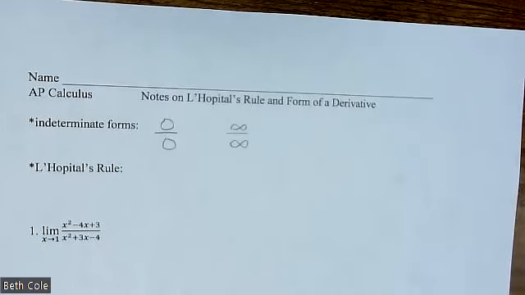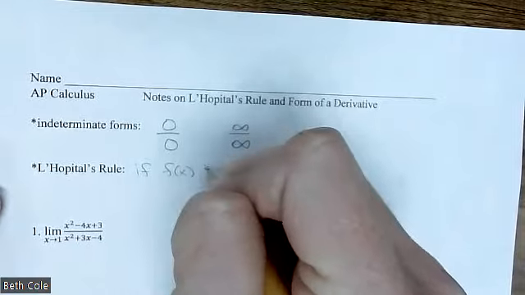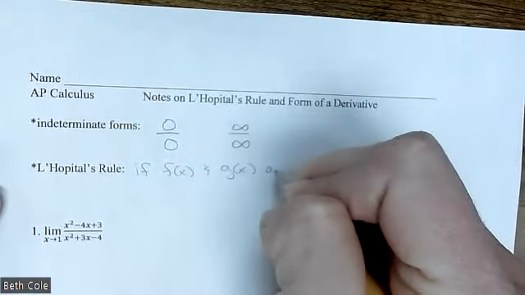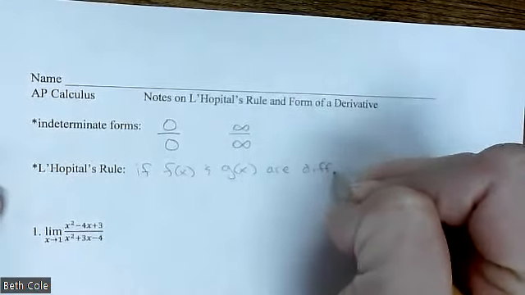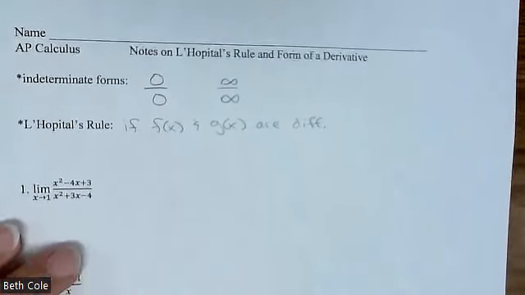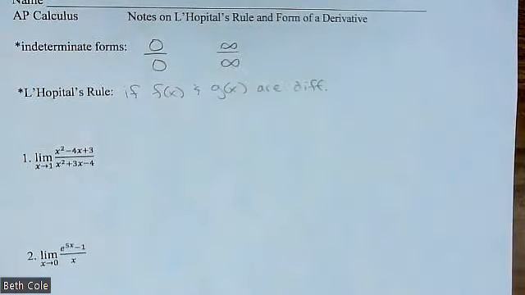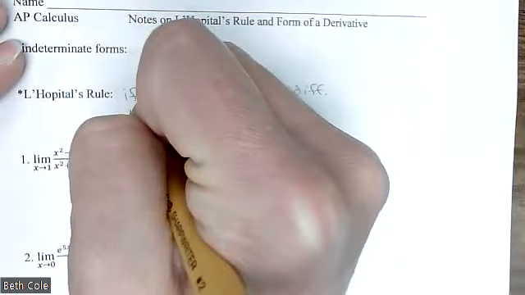All right, so L'Hopital's rule says if f and g are differentiable, and the reason they have to be differentiable is because we're going to take the derivatives, spoiler alert. If the functions are differentiable and you get one of these indeterminate forms, like 0 over 0 or infinity over infinity, then this is the rule.